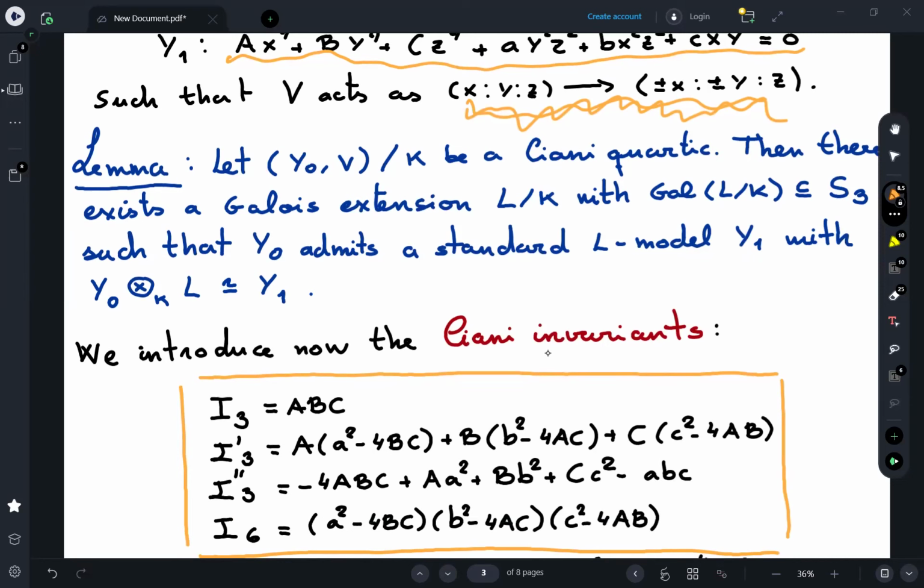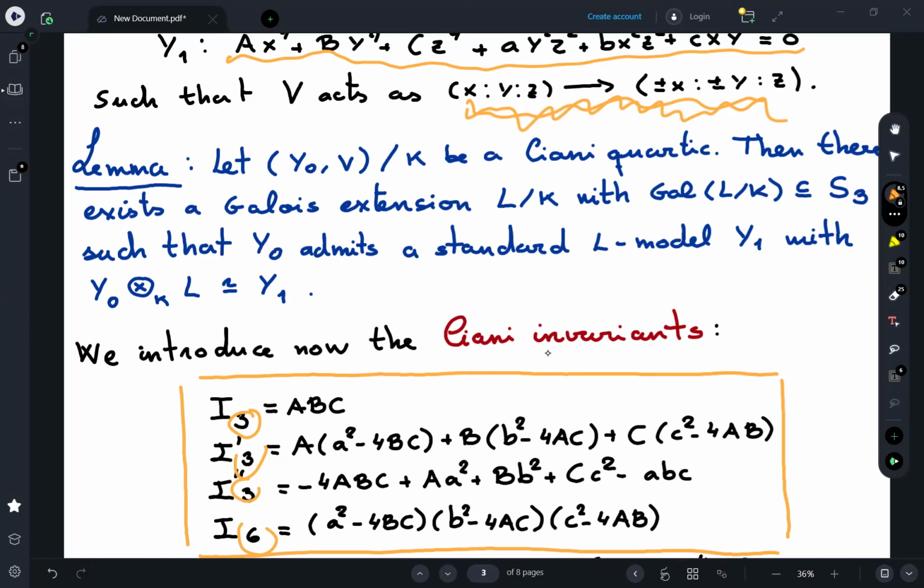And the numbers, you see that there is here a 3, 3, 3, 6. This is actually the weight of the invariants. So basically the weight of the last one is double the weight of the other 3. So you can think that I could have written 1, 1, 1, 2. But no, I like to write it as 3, 3, 3, 6.